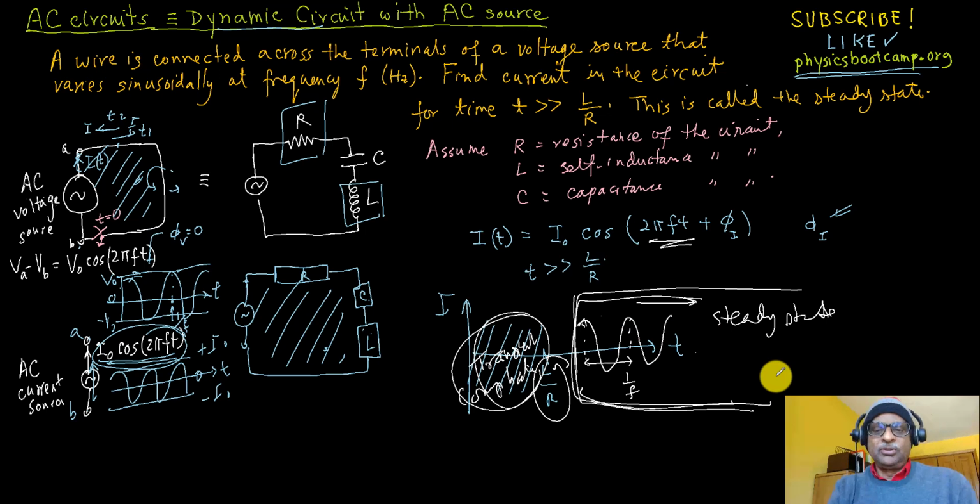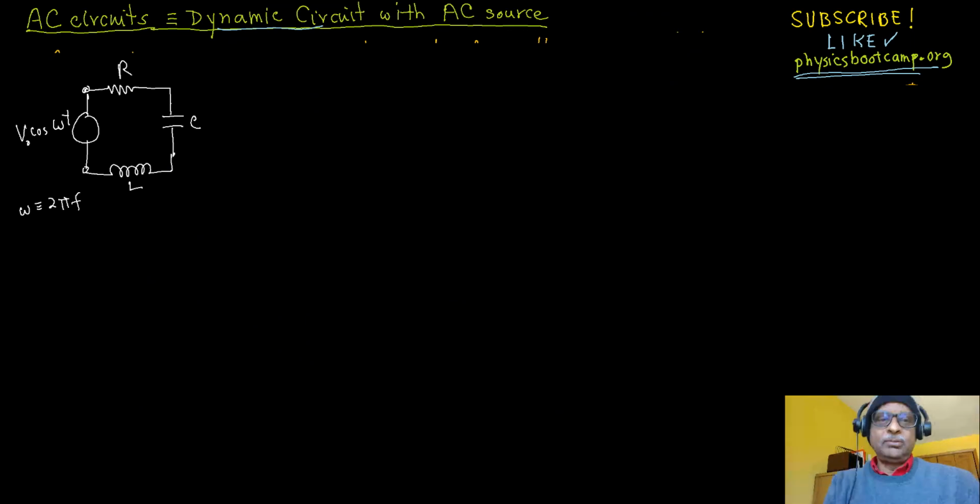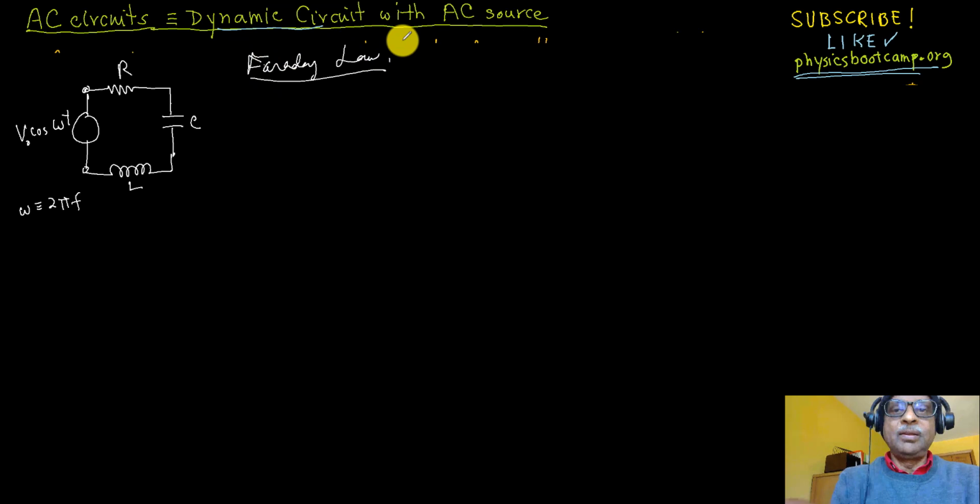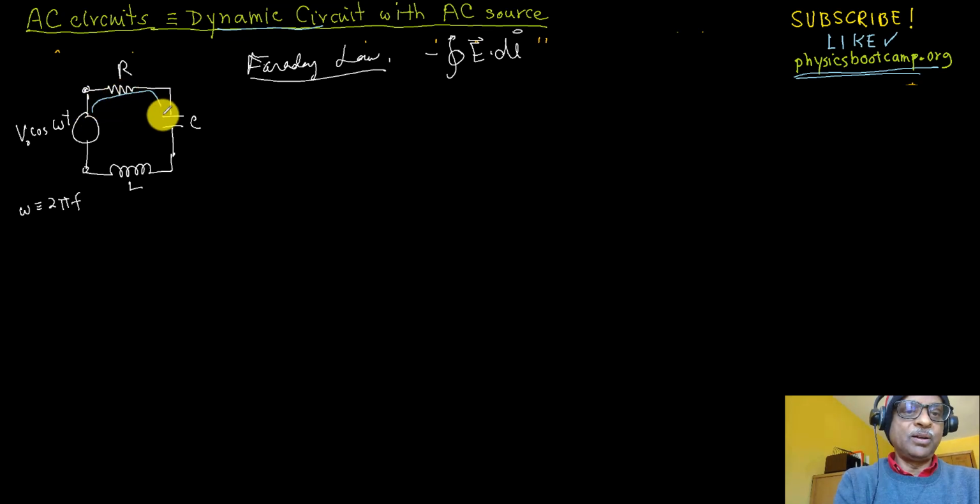Okay. So I'm going to set up the equation that helps me solve this problem. The equation here will obviously be Faraday's law, and if you remember, it's the closed integral of E dot dl, where dl is a path we choose. So I'm going to go in that direction.